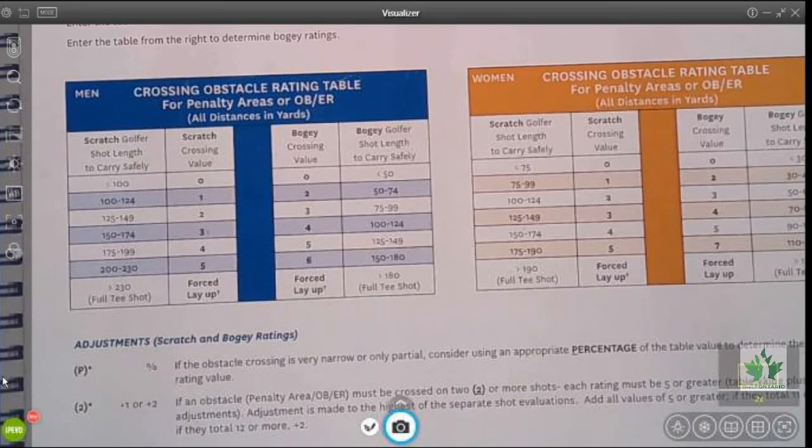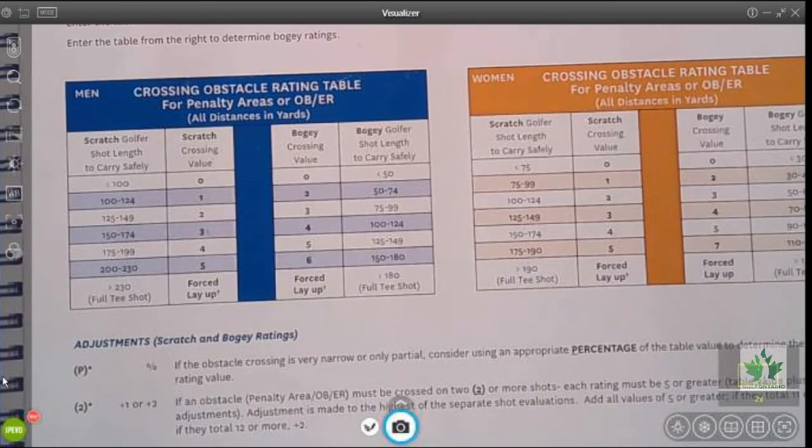One where the penalty area has to be crossed along the line of play. So that could be what used to be called stream rough. If you had a big valley or a big ditch or something that was all full of underbrush and small trees and little things like that, where you wouldn't be able to play out of it if you could find the ball, then that would be probably rated as extreme rough by most rating teams last year.